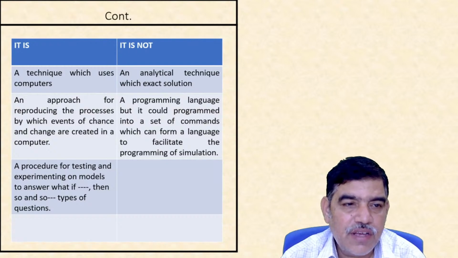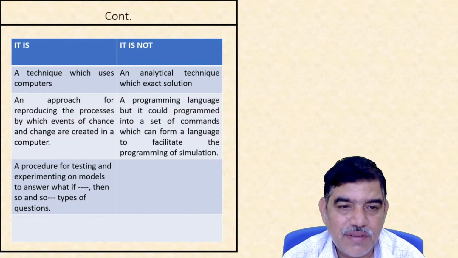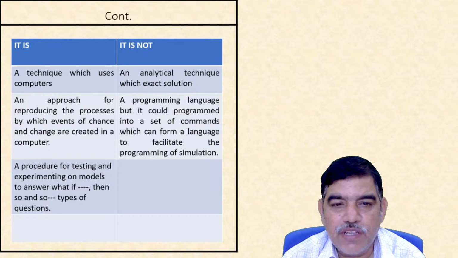Again, it is an approach for reproducing the process by which events of chance and change are created in a computer. It is not a programming language, but it could be programmed into a set of commands, or use a language to facilitate the programming of the simulation.